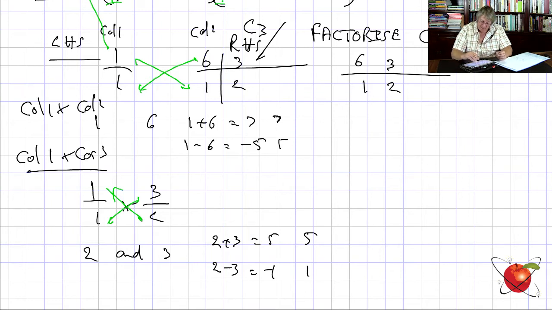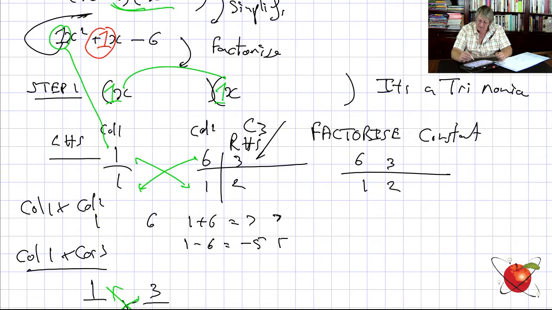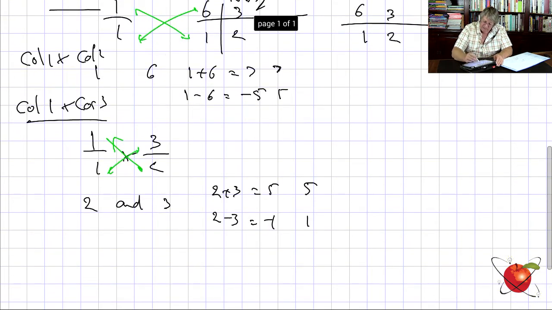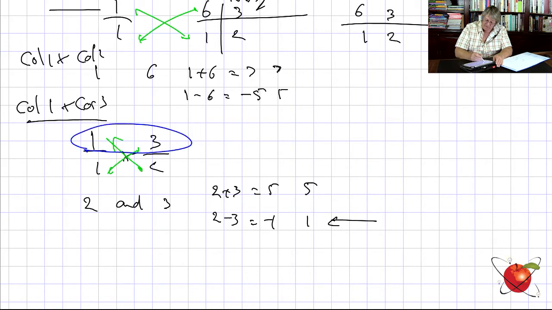Let's have a look. What number is our target? It's a 1. There we go. It's this one, isn't it? It's this guy. So we can go back and now say, be careful here. This is my first bracket. This is my second bracket. It's really not a big issue.